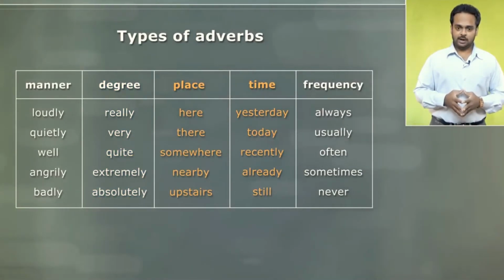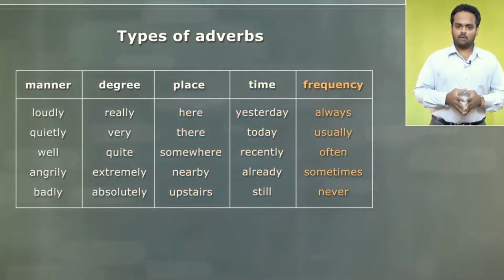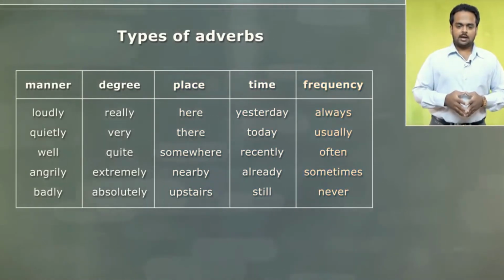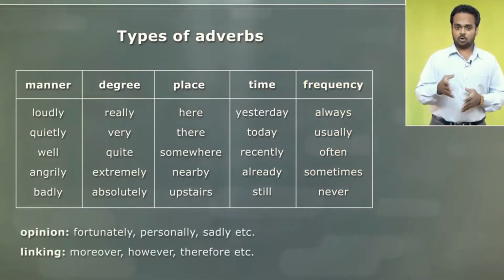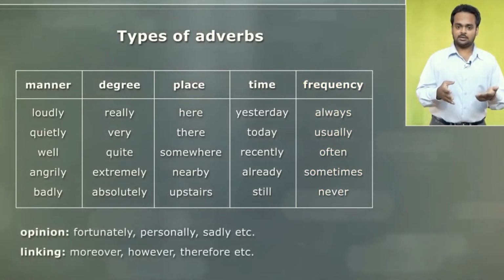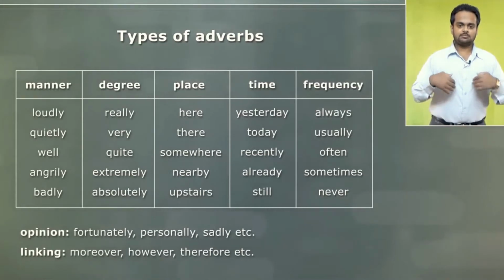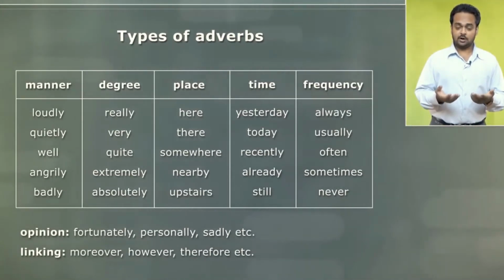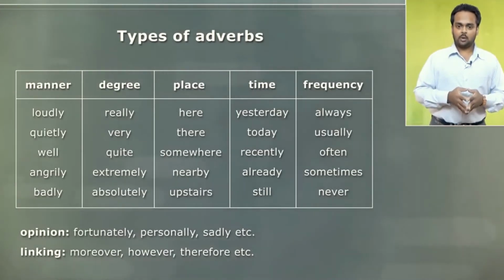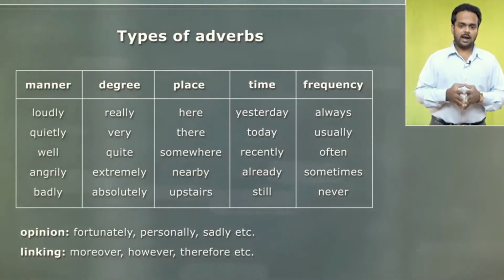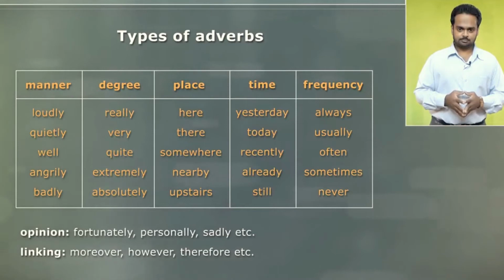And adverbs of frequency tell us how often, always, never, sometimes, etc. Now, there are also many other types, such as adverbs of opinion, fortunately, personally, sadly, etc. These help us to express our point of view. And there are also connecting or linking adverbs like moreover, however, on the other hand, or therefore. But the most important adverbs for us are the 5 that we discussed.